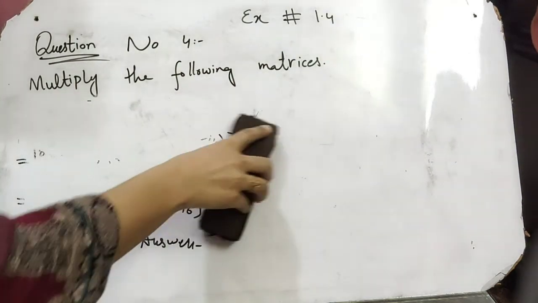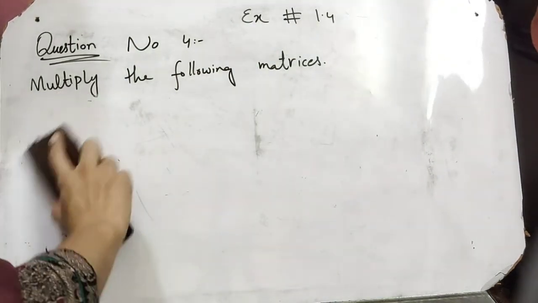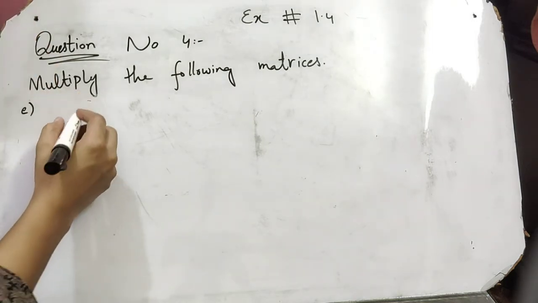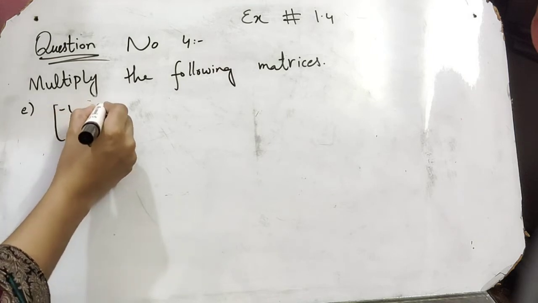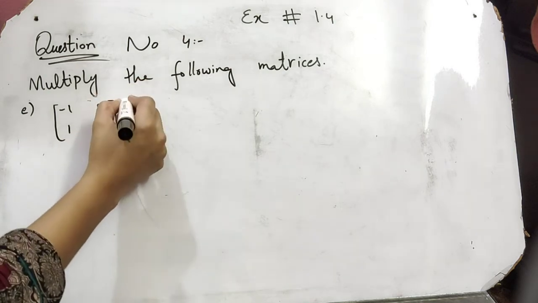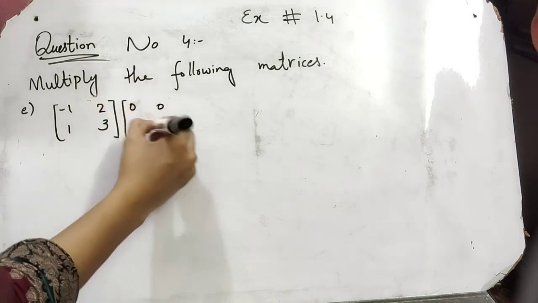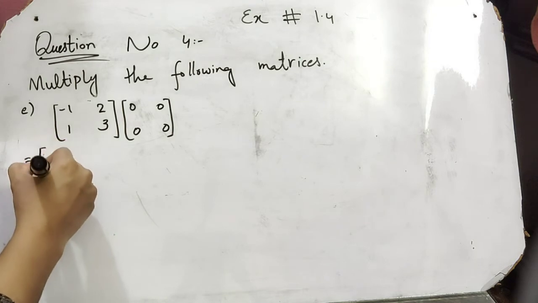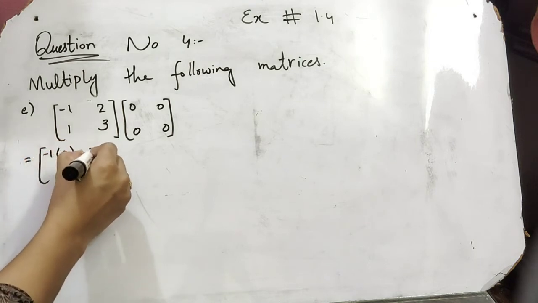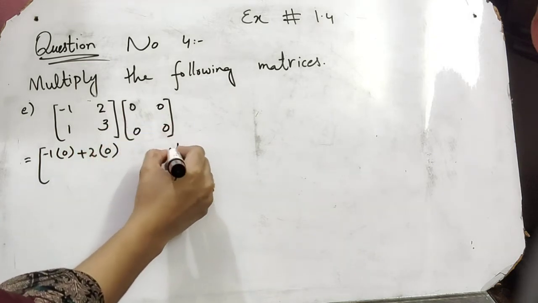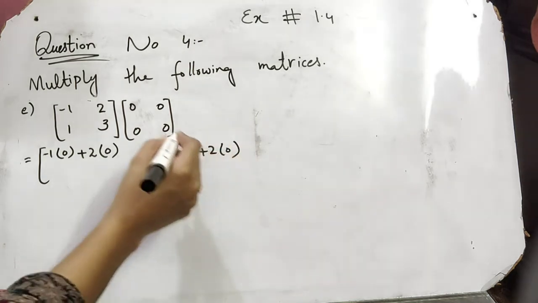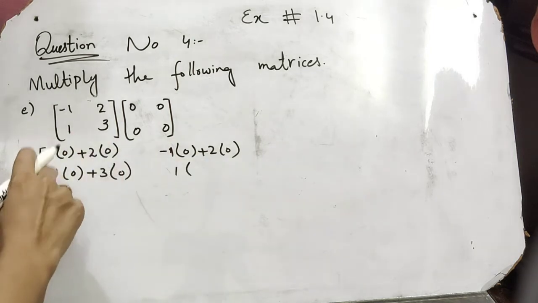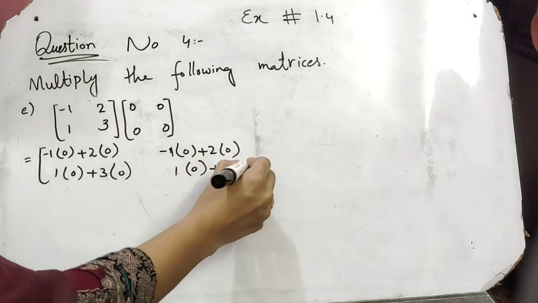Now we solve E and the last part, which is [-1, 2; 1, 3] multiplied by the 0 matrix of order 2, which will be equals to -1 into 0 plus 2 into 0, -1 into 0 plus 2 into 0, -1 into 0 plus 3 into 0, 1 into 0 plus 3 into 0.